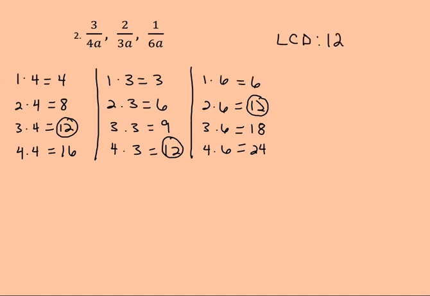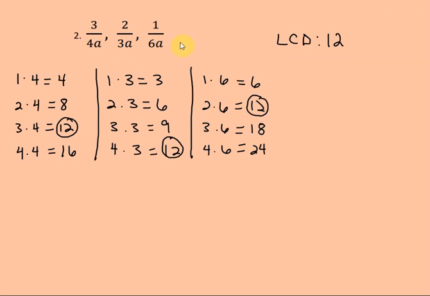When my denominators have different components in them, like numbers, variables, or polynomials, then in my least common denominator, I need to include the maximum number of times that each different factor occurs in each denominator.